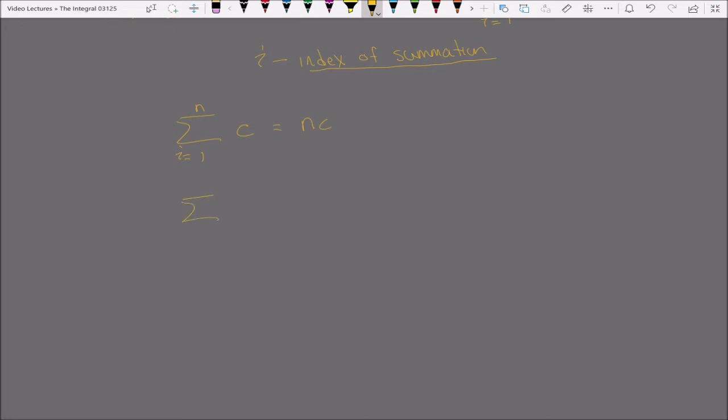If we take the summation i equals 1 to n of c times a sub i, then we can factor the constant out. Right? And this is the law of distribution from algebra.